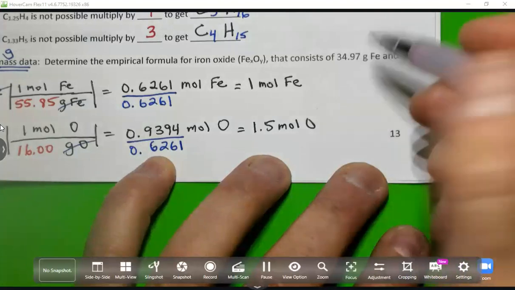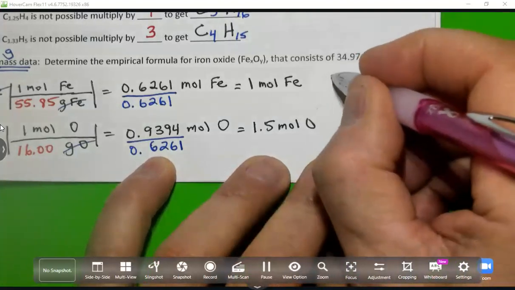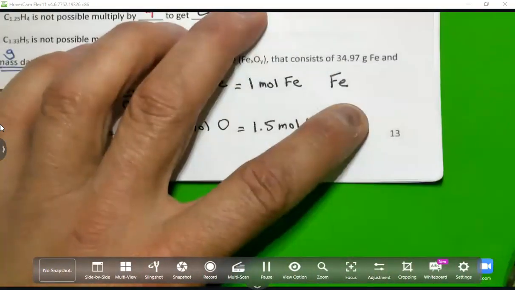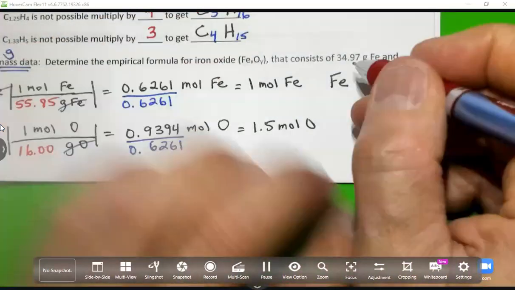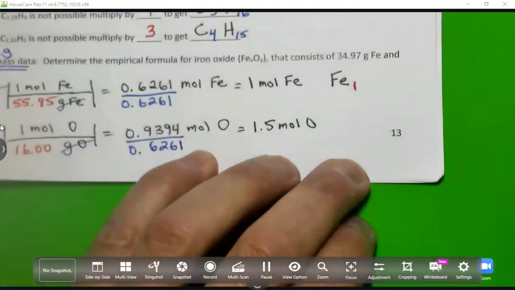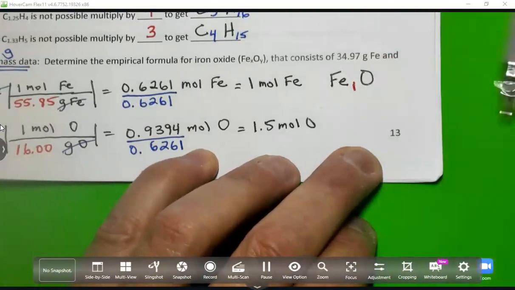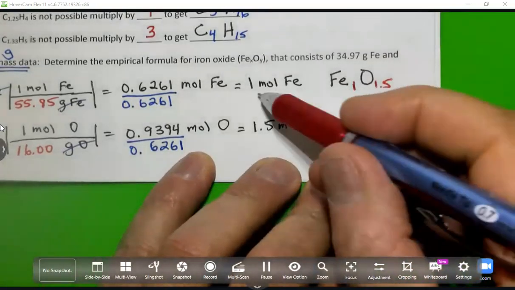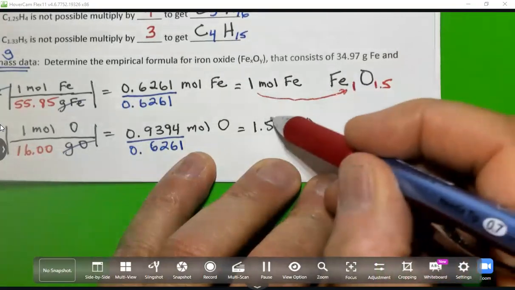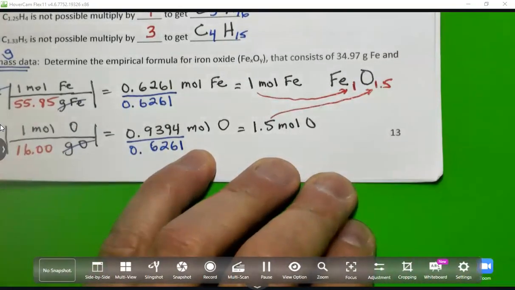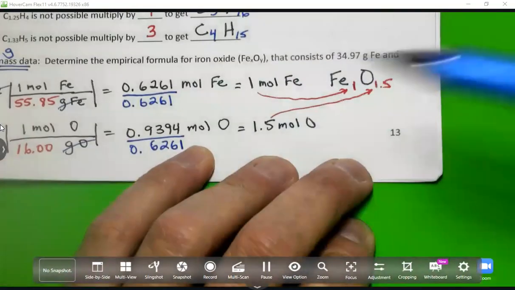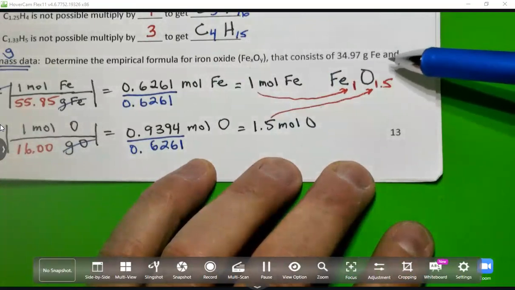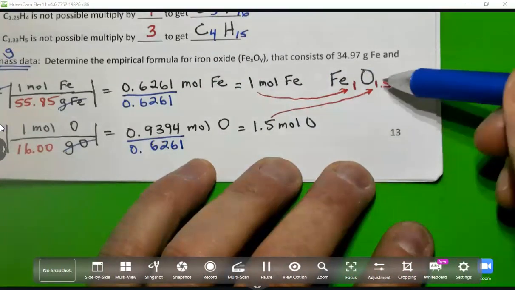Now we know for these compounds they need whole number ratios. Right now we're looking at Fe1 O1.5. Okay, so we're going to use step 4. I'm going to make these whole numbers.